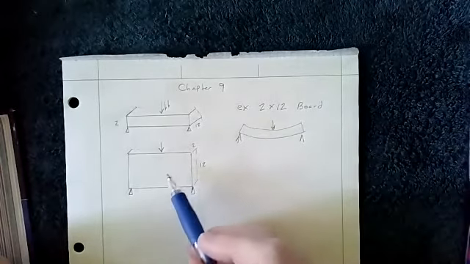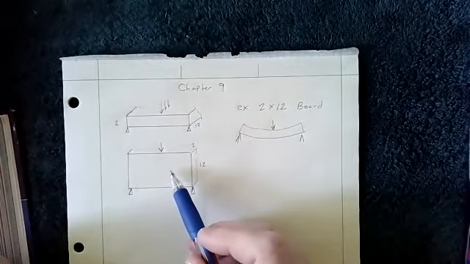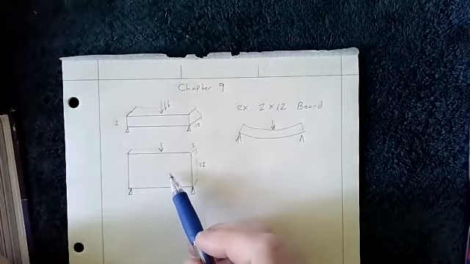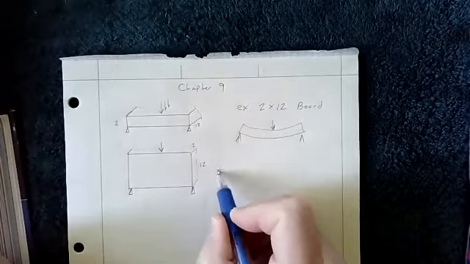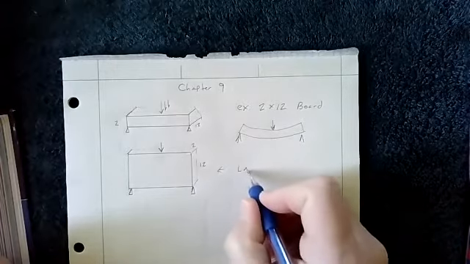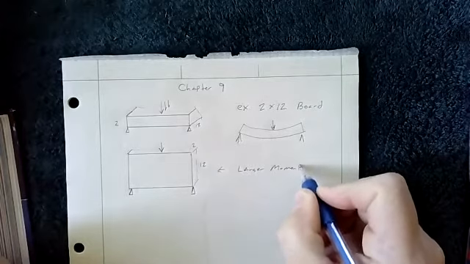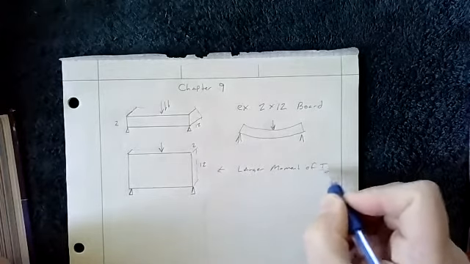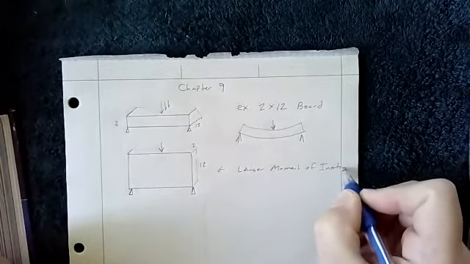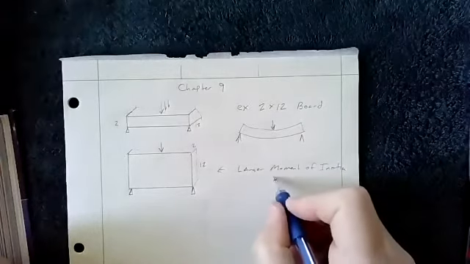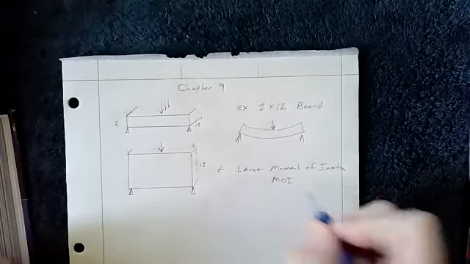If we try to do the same thing with this, the deflection is going to be much, much smaller. The reason for that is that this board has a larger moment of inertia, and I'll refer to that as the MOI most of the time.